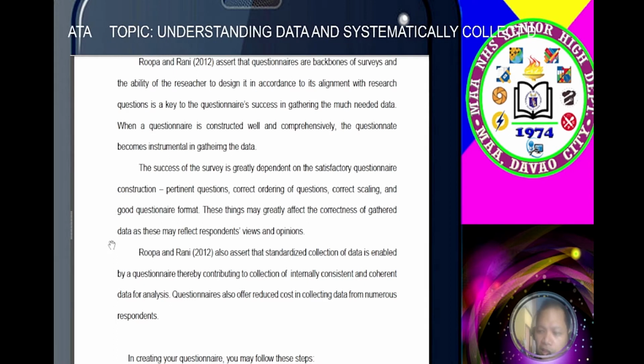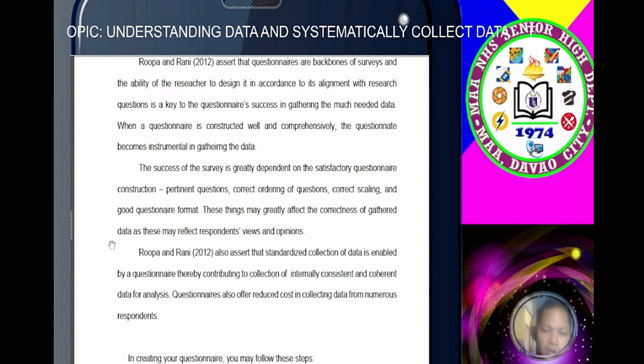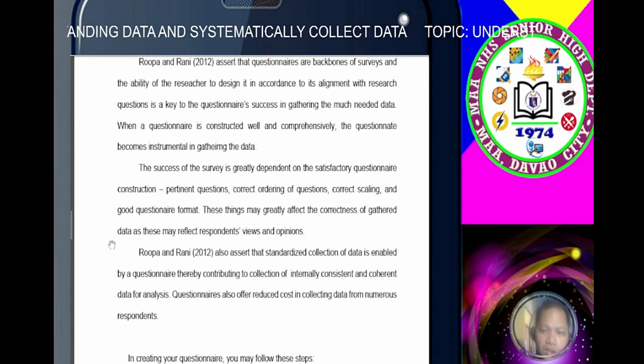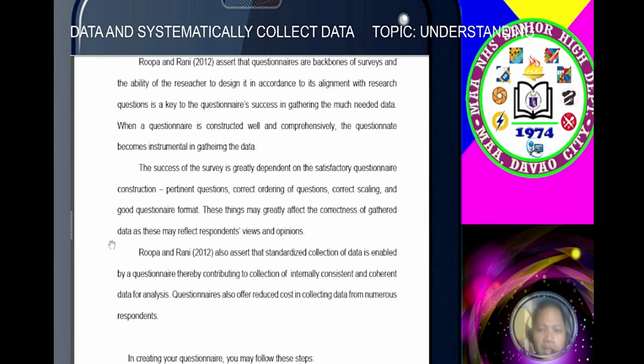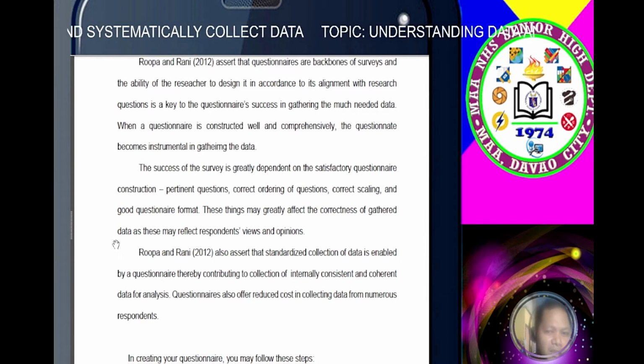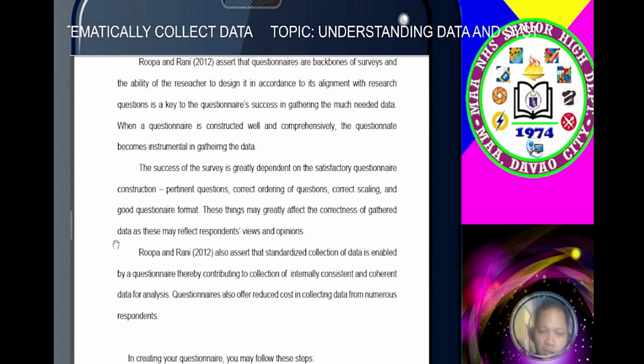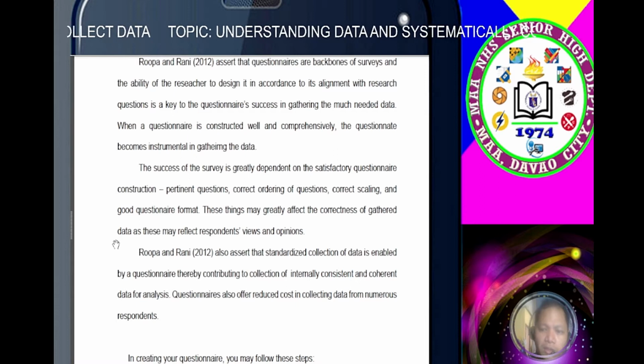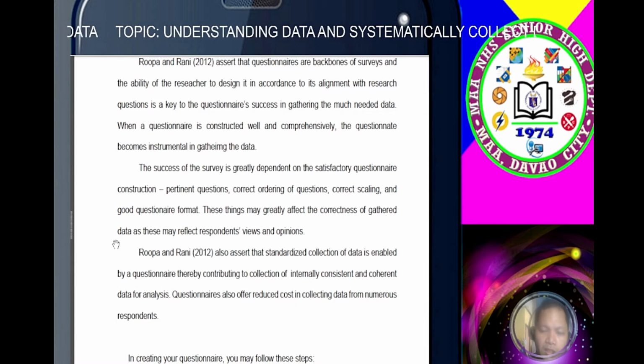Does it intend to really measure the questions, or does it really gather the data needed in your study? So that's why you need expert validation.